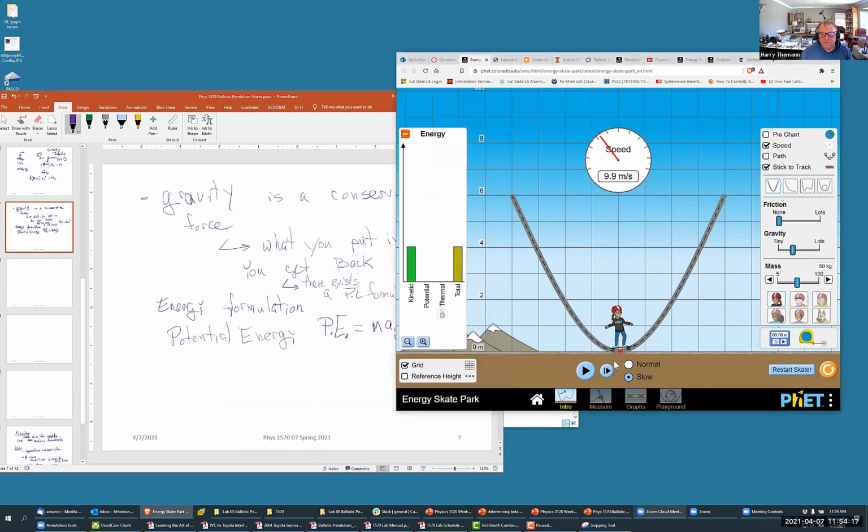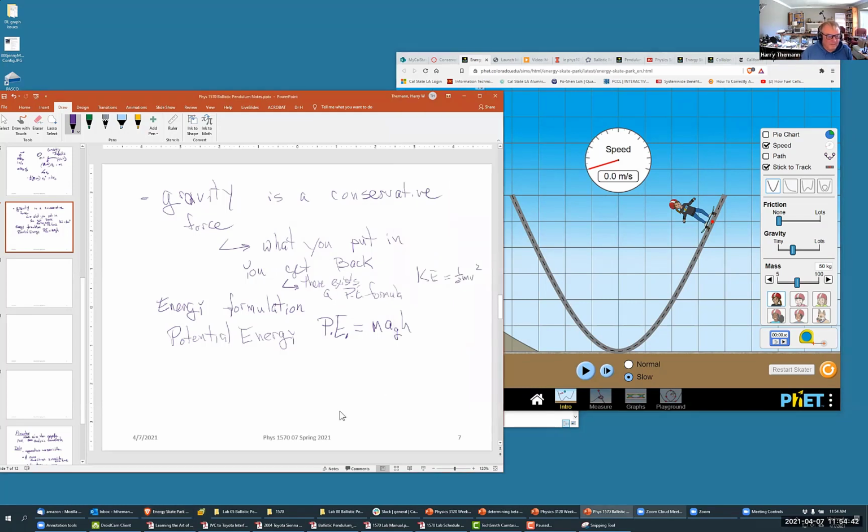So if we take our young lady here and we set her at 5 meters high, unfortunately, this graph doesn't give numbers. Let's calculate the PE of our skateboarder. She is 50 kilograms.